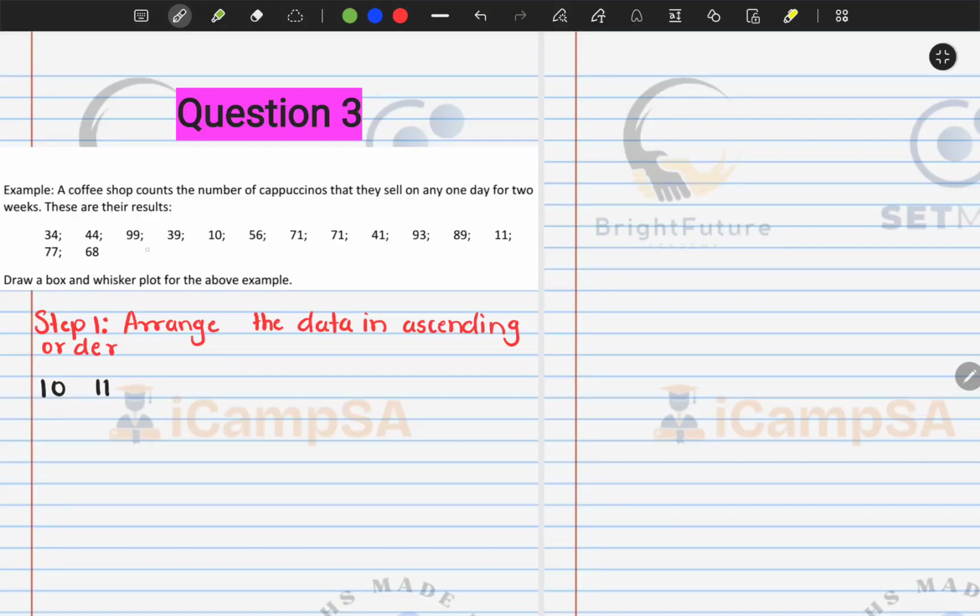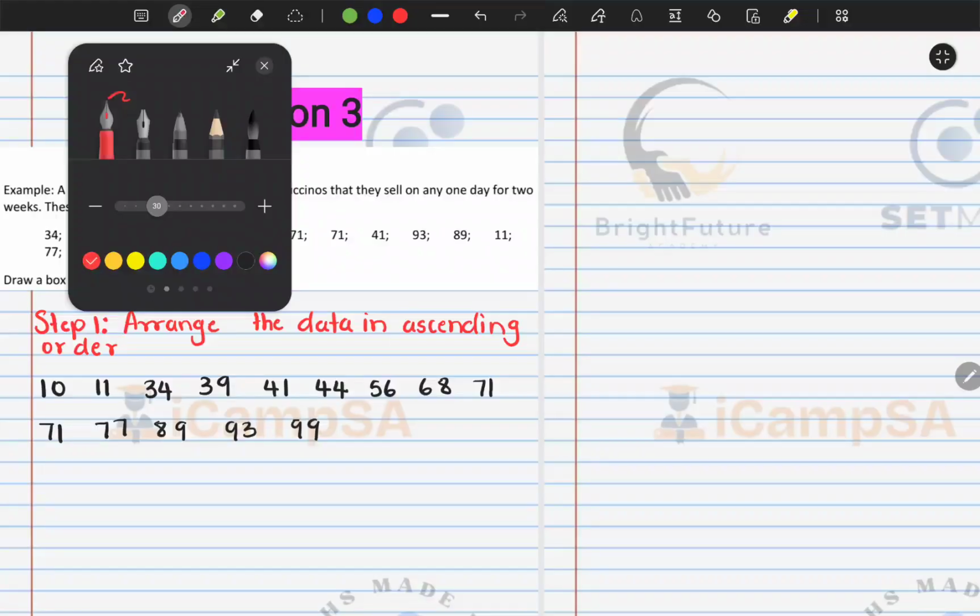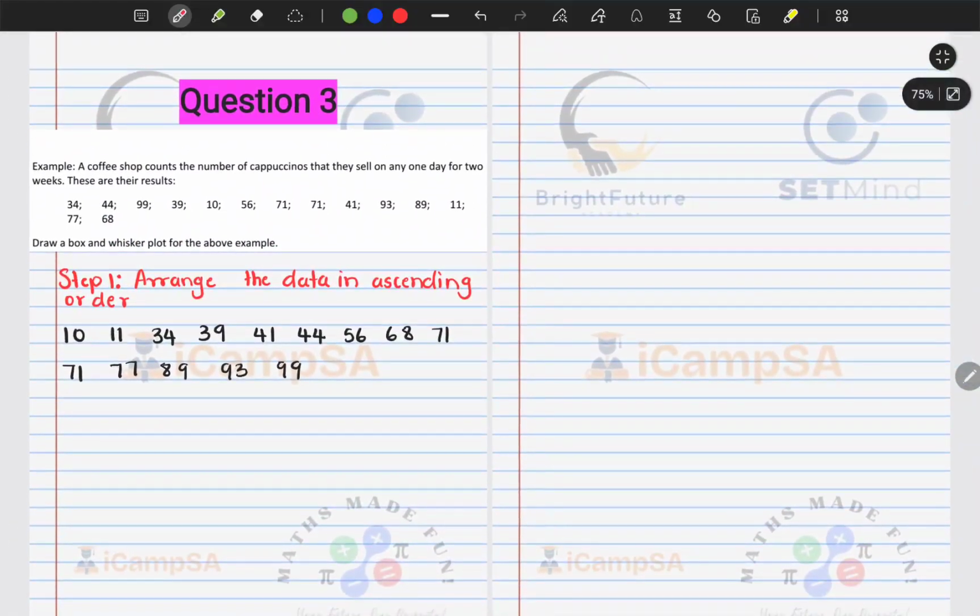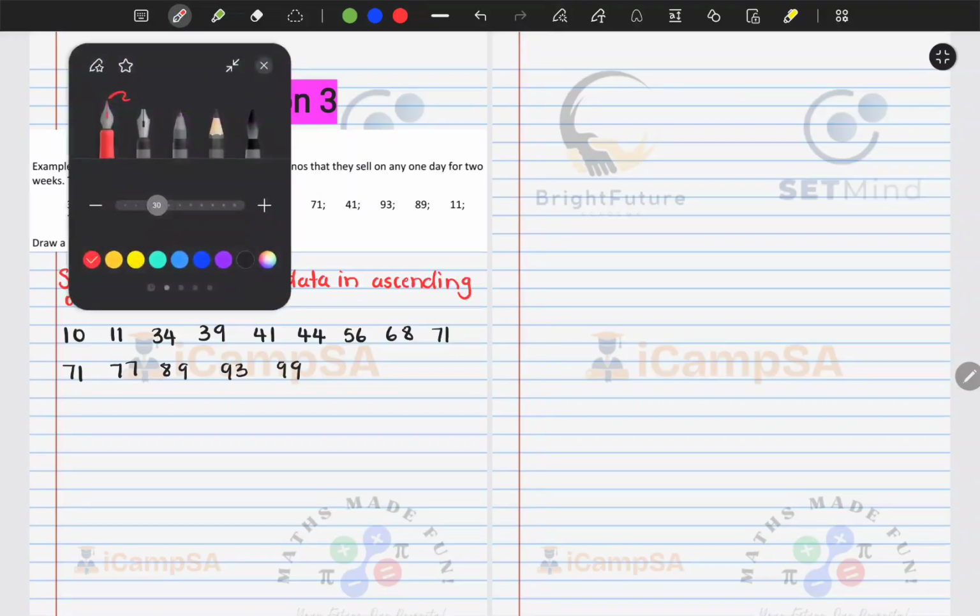And then you have a 34, and then a 39, and then a 41, and then a 44. So step number 1 is done. We have rearranged the data into its ascending order, meaning from smallest to biggest.